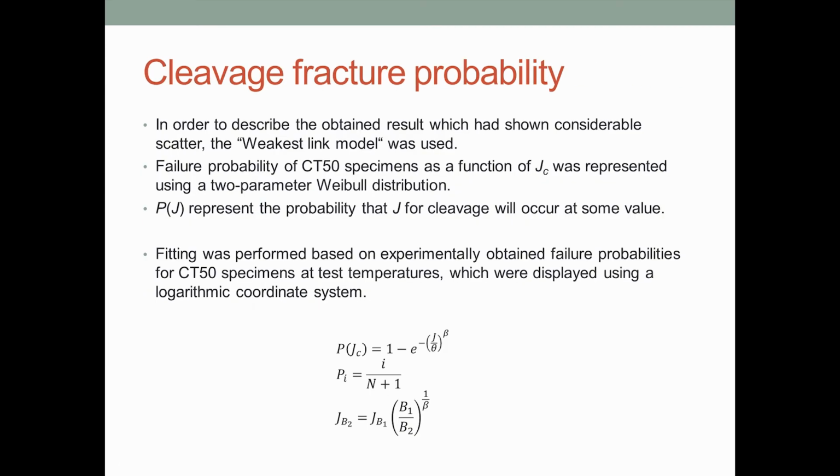Failure probability of CT50 specimens as a function of JC was represented using a two-parameter Weibull distribution.